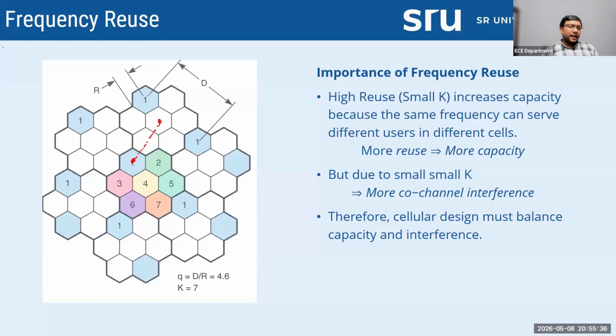If I continue like that, I will not get any co-channel cell. So at this point, I need to bend by 60 degrees. So I am making a turn of 60 degrees and then I am reaching this cell. This angle is a 60 degree angle.